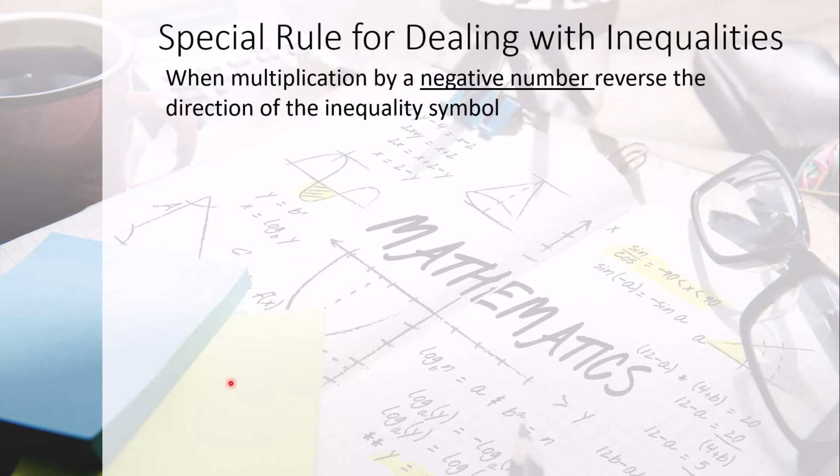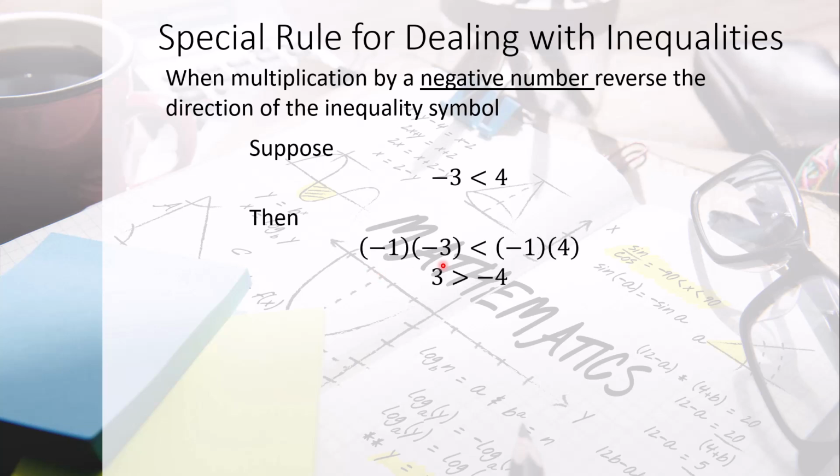Now, the one primary difference when dealing with inequalities is that there's a special rule you need to follow if you are going to use the multiplication property with a negative number. And what is that rule? You have to change the direction of the inequality symbol. For example, suppose we know for a fact that -3 is less than 4. Well, what if I multiplied both sides by -1?